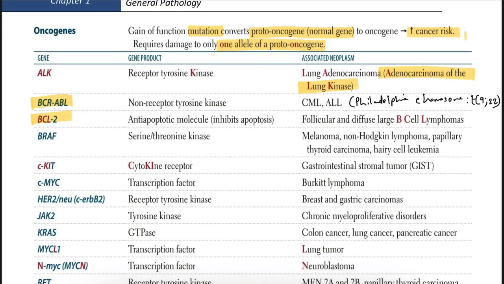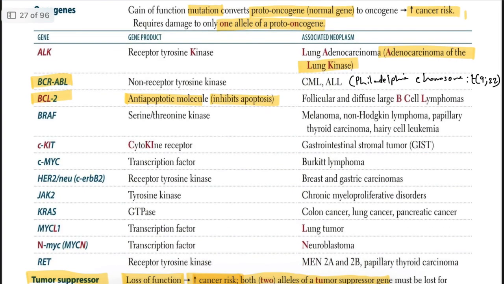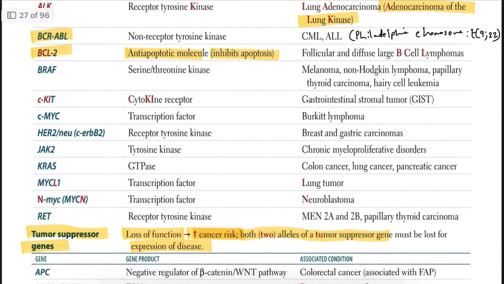Next is BCL2. The gene product is an anti-apoptotic molecule. It inhibits apoptosis, and we see B cell lymphomas like follicular and diffuse large. Next is BRAF, a serine and threonine kinase.